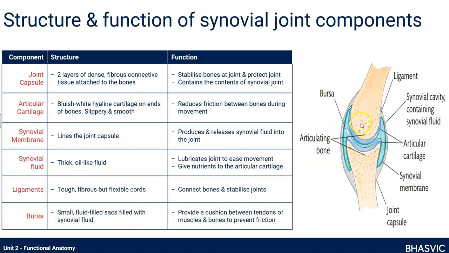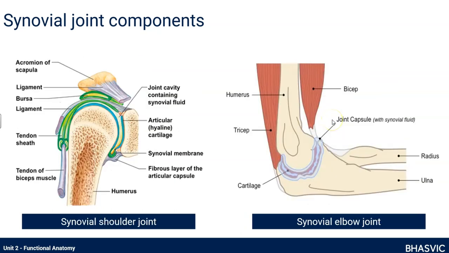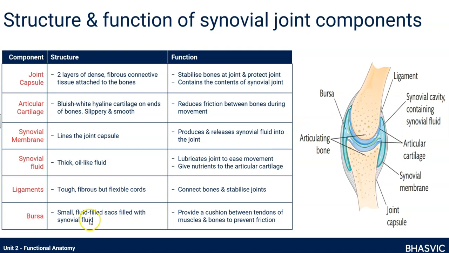Lastly, bursa. So it's not very distinct, but a bursa is this. Let me just go back, actually. I want to show you. This is the bursa. It looks like a little blob because it is a little sac of synovial fluid. It doesn't lubricate the joint in the same way that this other loose synovial fluid does.